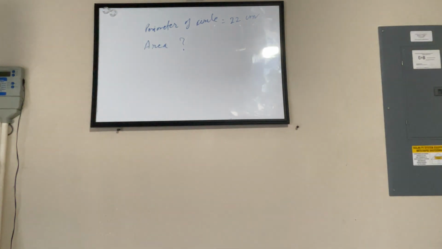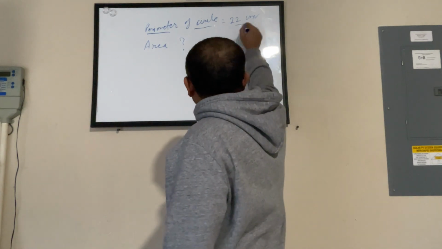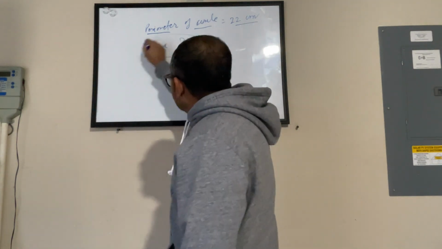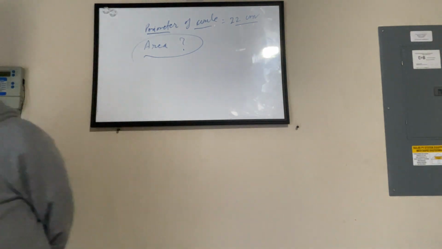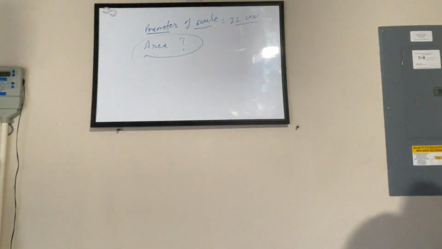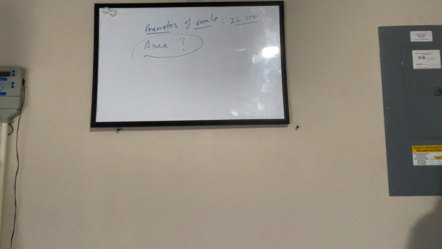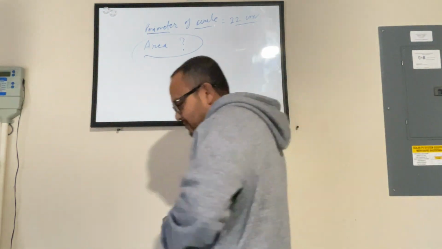Yeah, please. So it's saying the perimeter of the circle is equal to 22. You are told that the perimeter of a circle is this. What is the area of that circle? Think about it. Math is about testing your thinking. When you try, you will know, and if you don't know, I'm here. Don't worry.